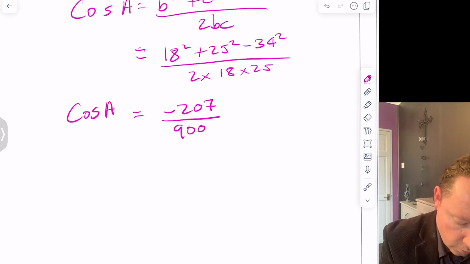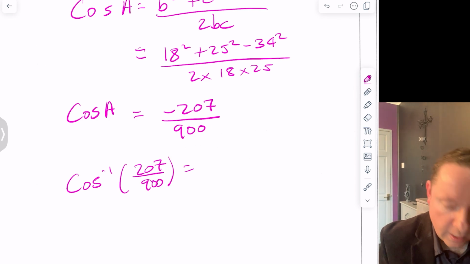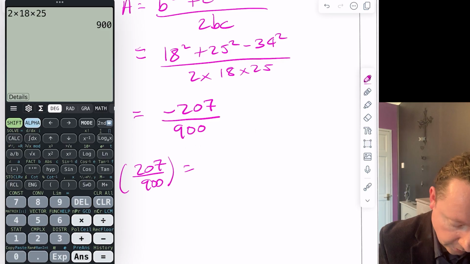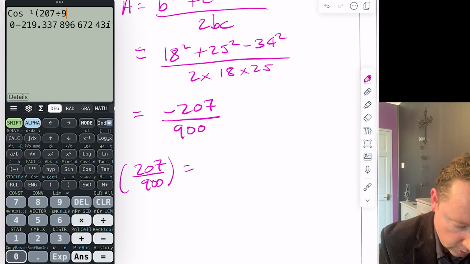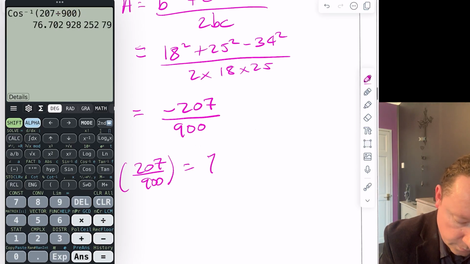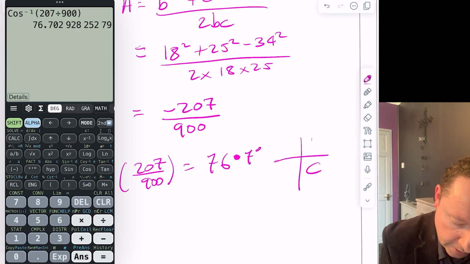So I do the inverse cos. I usually just keep it as positive and use a CAST diagram. But we'll see what happens if you did it negative. You'll probably be okay, but I'm going to always do it that way because it's the right way to do it. Inverse cos 207 over 900 is 76.7 degrees. So now I need to find my angle by using a CAST.